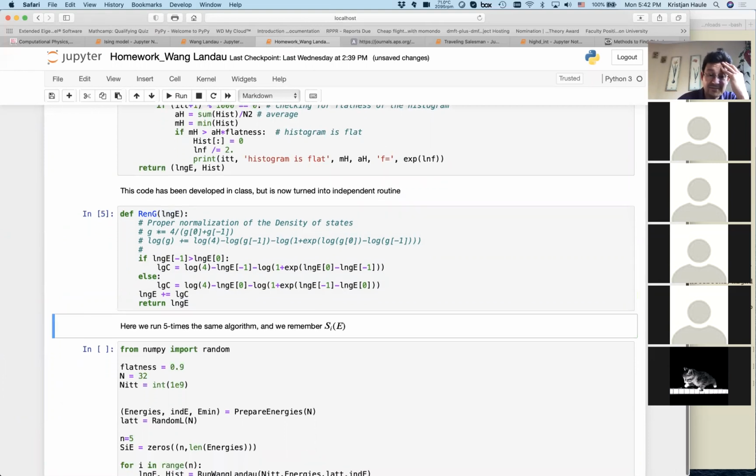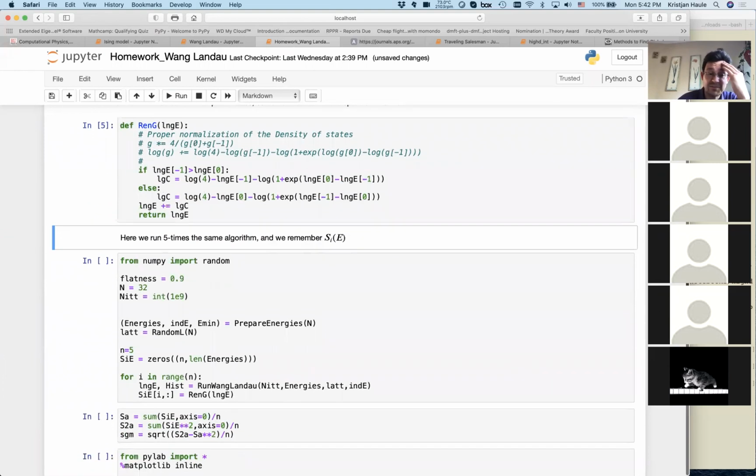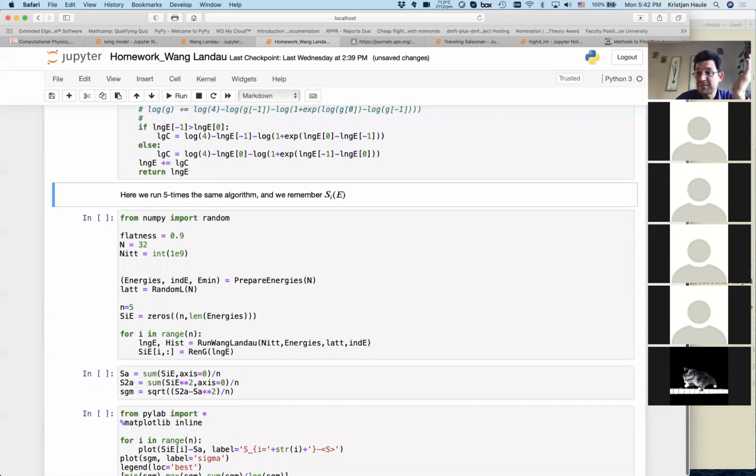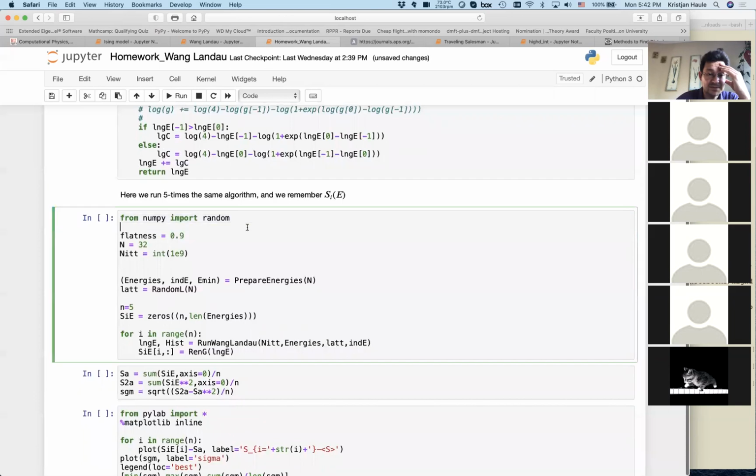And then pretty much the simple thing. We just run it 5 times. Not a big deal. From NumPy import random. Here we said that n has to be 32, so we are working with a 32 times 32 system. I said that the number of iterations has to be 10 to the power of 9, because if it's much less than that, we don't reach a decent density of states.